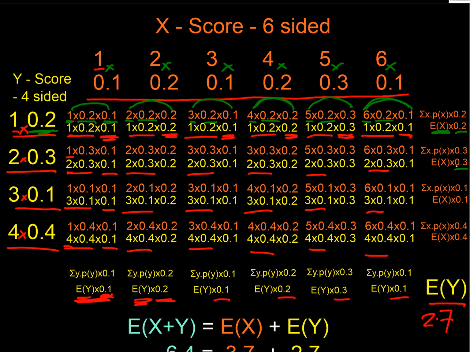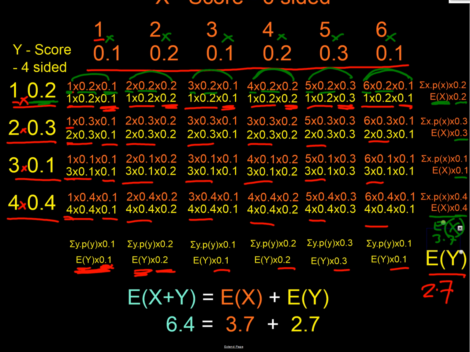In the second row, it's multiplied by 0.3, third row 0.1, and finally the last one's 0.4. And of course, if we add up those probabilities, they all add up to 1. Therefore, if we summed up the orange numbers in this column here, we would have E of x, wouldn't we? Expected value of x, which I think was 3.7, wasn't it, we calculated.